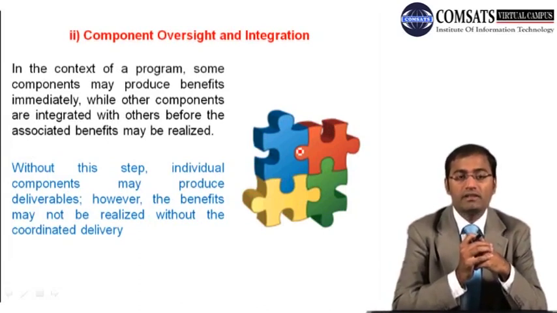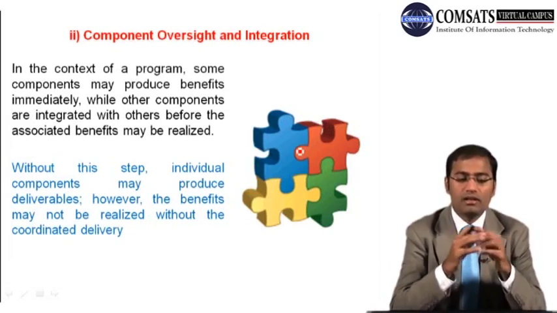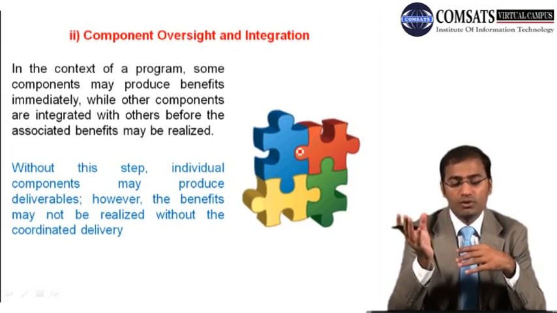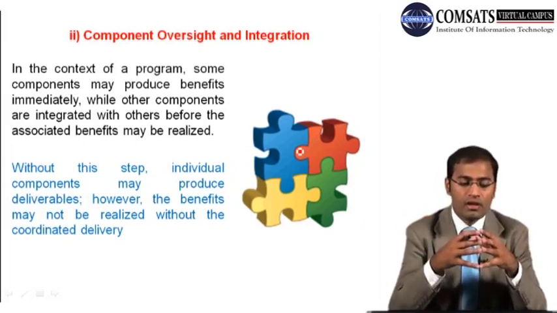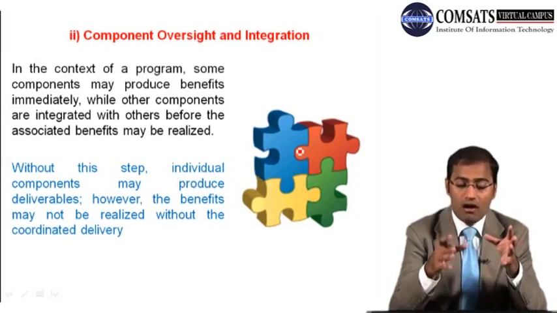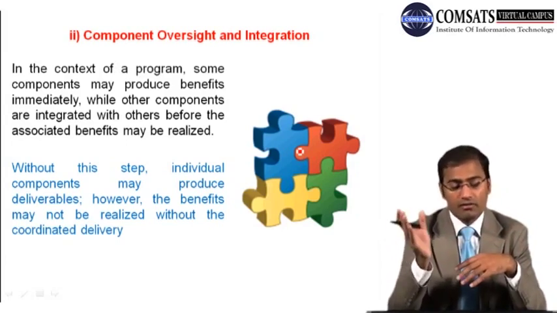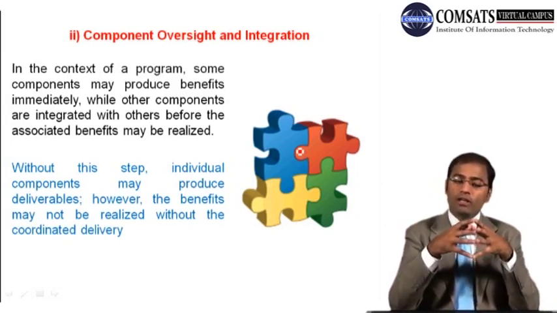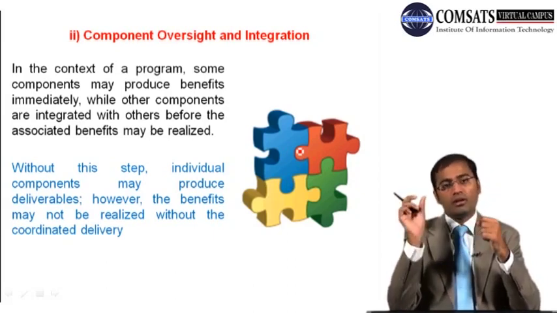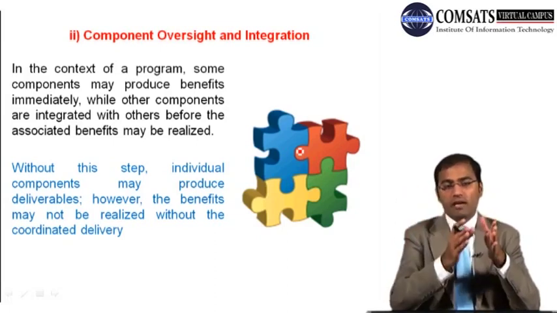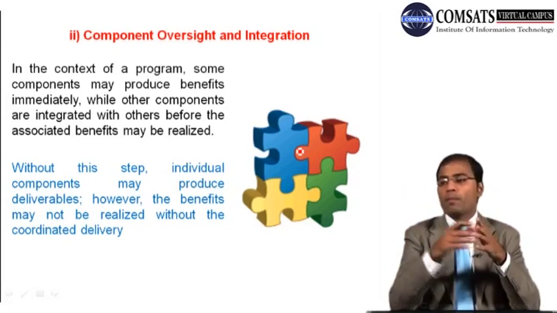The second subphase is component oversight and integration. In the context of programs, some components may produce benefits immediately, while other components are integrated with others before associated benefits may be realized. Without this step, individual components may produce deliverables. However, the benefits may not be realized without coordinated delivery. As we have talked about, we are not only going for the tangible benefits; we are going for the strategic benefit as far as programs are concerned.